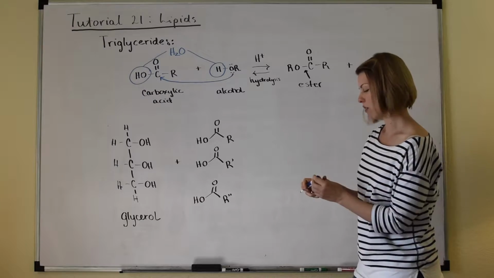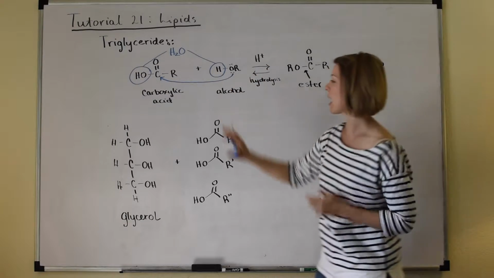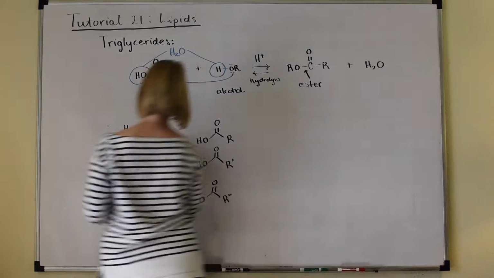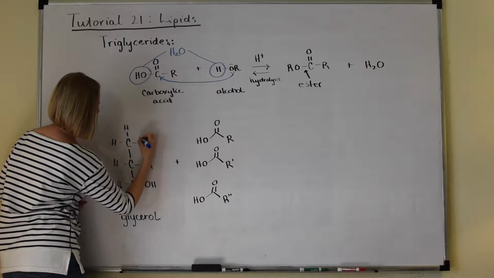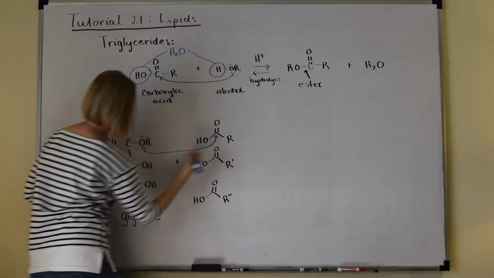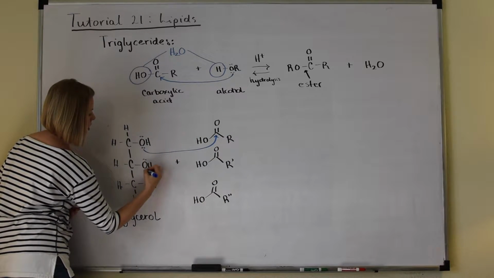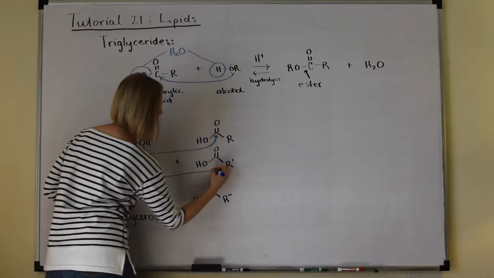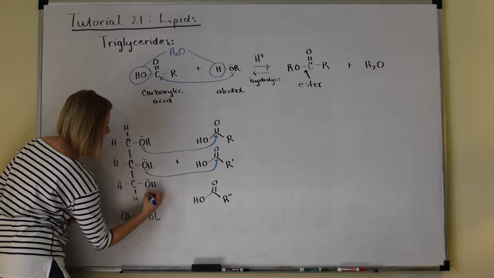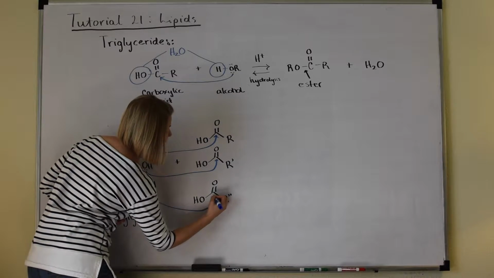Okay. All right, so again, I'm going to just draw that arrow to help you remember what bond is forming. And it's going to happen with all three fatty acids forming a triglyceride.